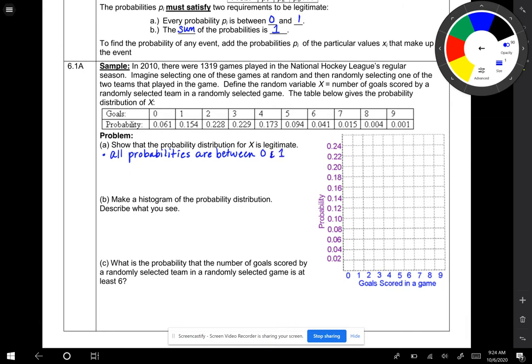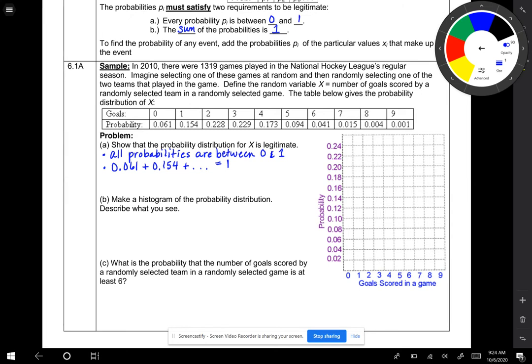You don't have to add this here, but in order to show it, you must write down at least some of the numbers that you're adding. So if you took the bottom row and added the numbers, of course you would want to do this to verify that it does indeed equal 1. I already did it, and it does equal 1. So that's a legitimate probability distribution.